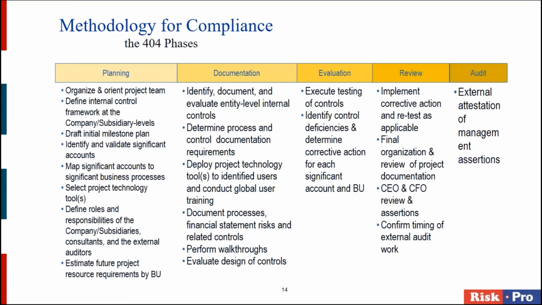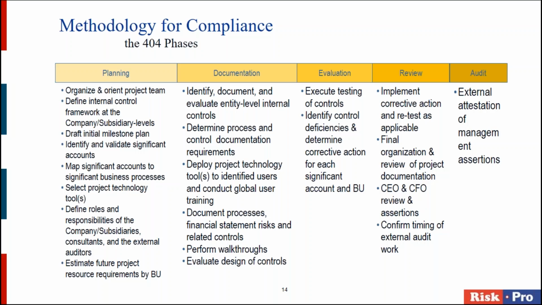During the planning, what are the important things we have to carry out? We must organize and explain the project. Define the internal control framework of the company or its subsidiary levels. Draft initial milestones plan. Identify and validate significant accounts.